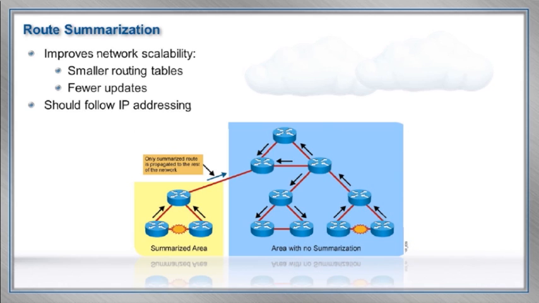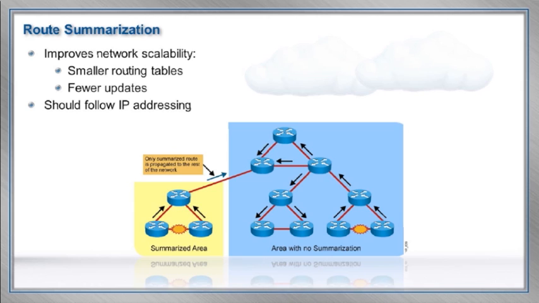They turn it off because they want to go into the topology and control exactly where the route summarization takes place.